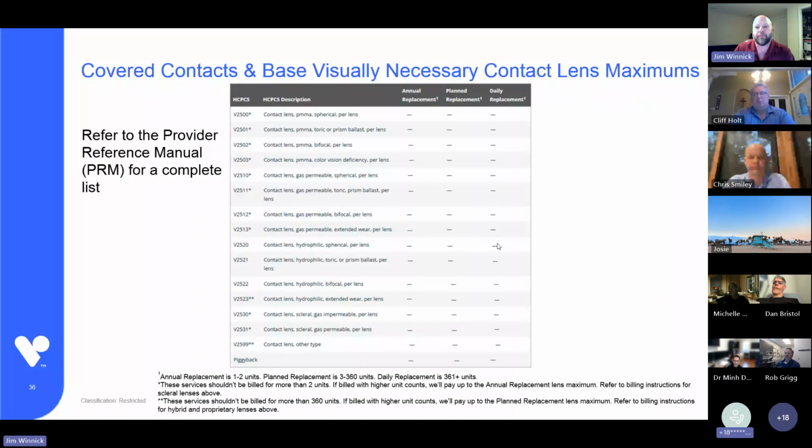The fees, the maximum caps for this program are in the provider manual. And this is basically what the chart looks like in there with the fees blotted out for presentation purposes. But I would encourage you to, if you haven't already, go to the manual, print this out. It's one page, laminate it, and you'll know your maximums for both the covered contact lens program and the base visually necessary contact lens program that we're going to talk about next.